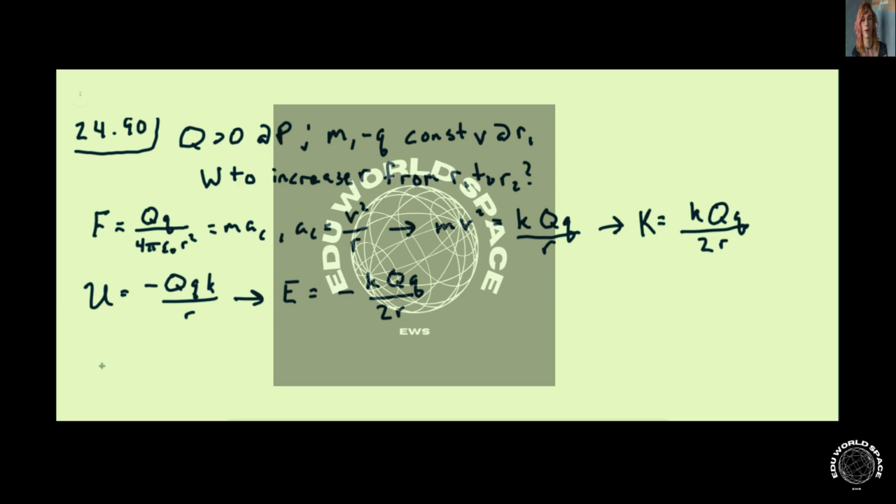So now, at r1, the energy is just going to be negative k qQ over 2r1. At r2, it's going to be negative k qQ over 2r2.